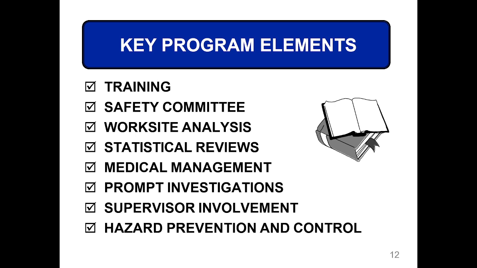A safety committee must be instituted. And of course, if you look at most legislation, safety committee is one of the requirements from the health and safety legislation. And then worksite analysis. Statistical reviews. When it comes to accidents, you want to know how many near misses or what. All these reports have to be reviewed.